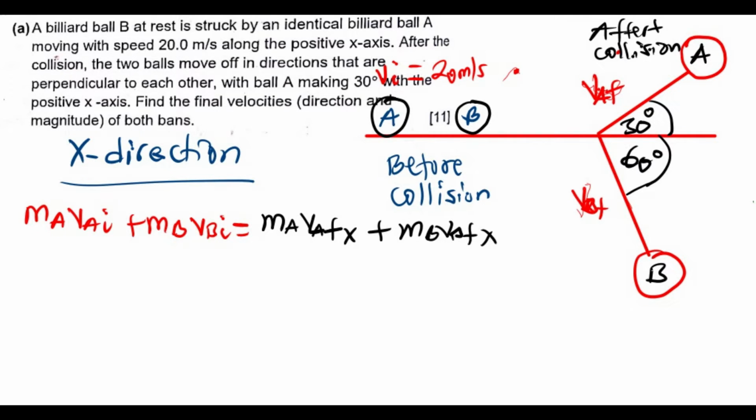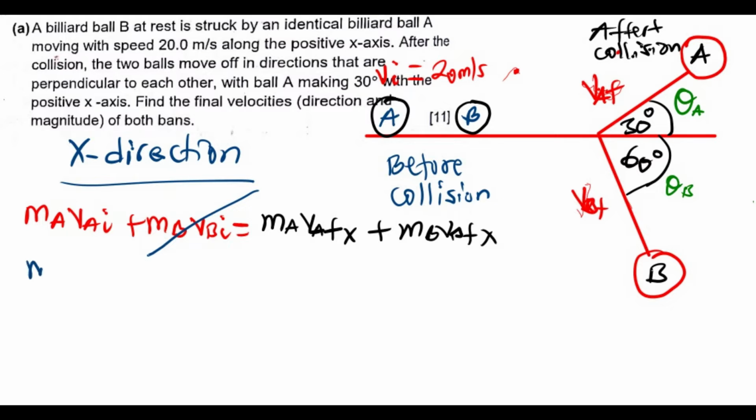Allow me to present this as theta 1 for A, then theta 2 for B, to make things simple, because those two thetas are different. If I just put theta, it's not going to make sense. When we're dealing with vectors in the x-axis, it's going to be cos. Since B is at rest, this is going to be cancelled out.